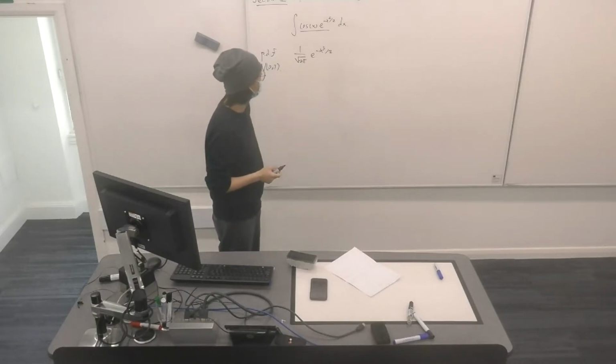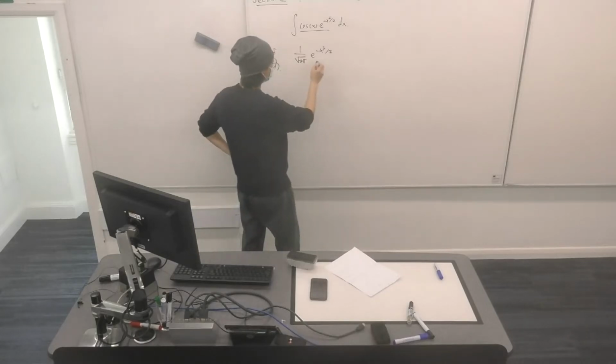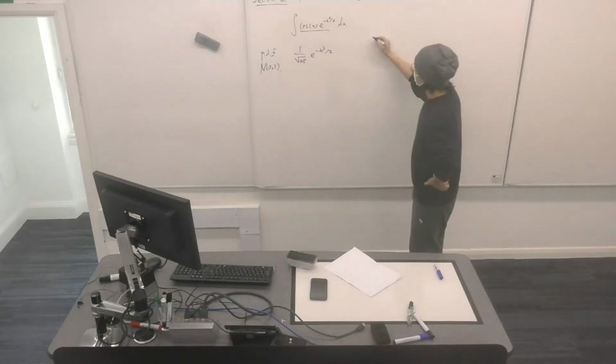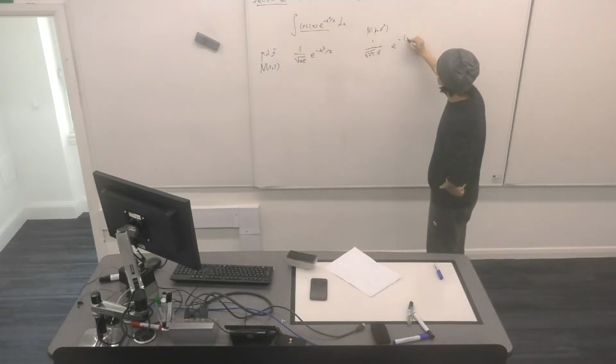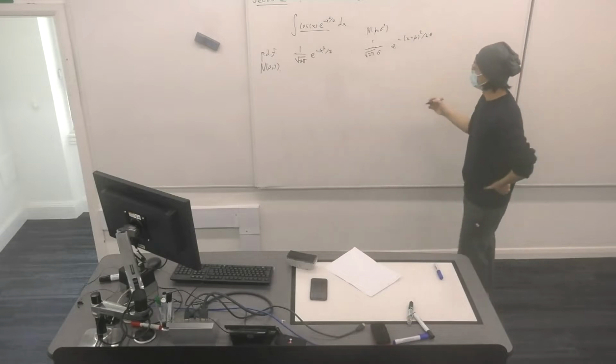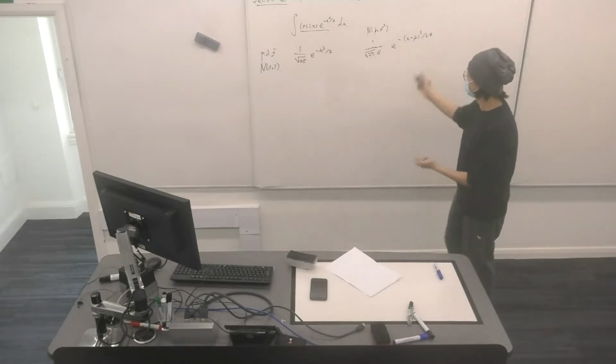If you write out the full PDF of normal mu, sigma squared, it will be square root of 2 pi sigma something, and then minus x minus mu squared over 2 sigma. Correct me if I'm wrong, but it's something like that.